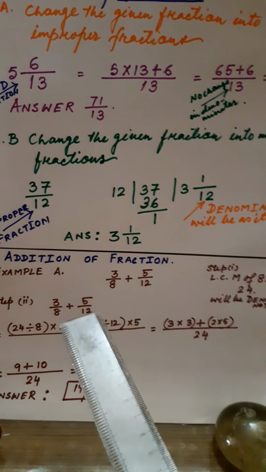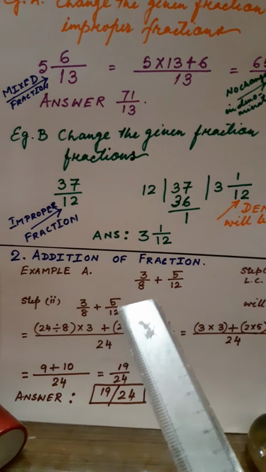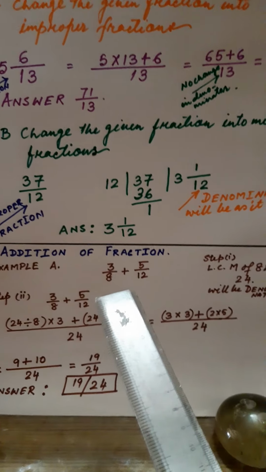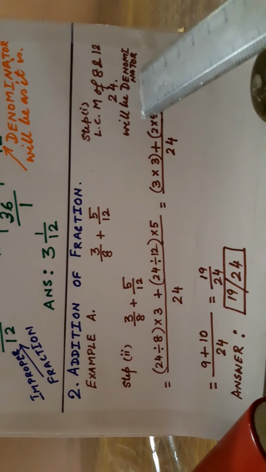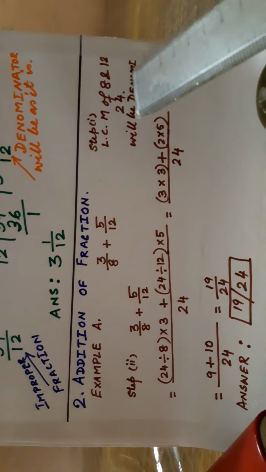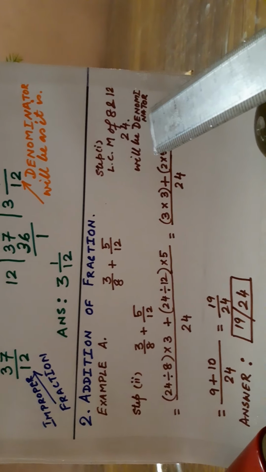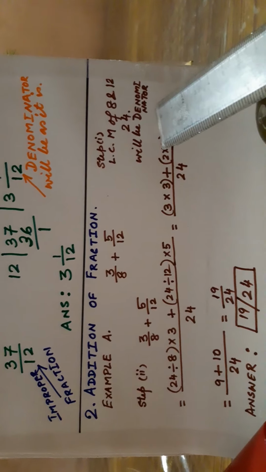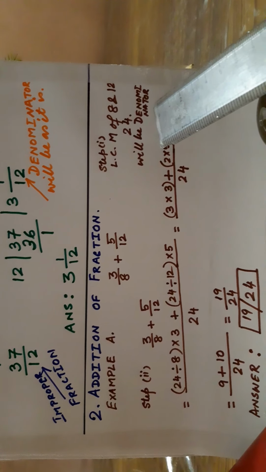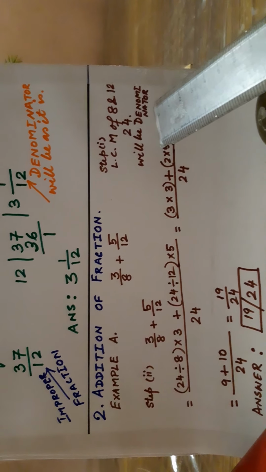Addition of fractions. Look, the example is 3 by 8 plus 5 by 12. Steps are there. Now, what are the steps? The first step is finding the LCM of 8 and 12, that is the denominators. We have done the comparison of fractions, ascending, descending of fractions.